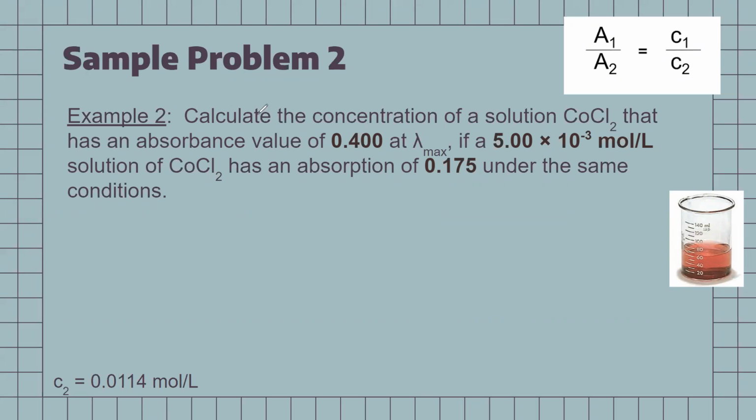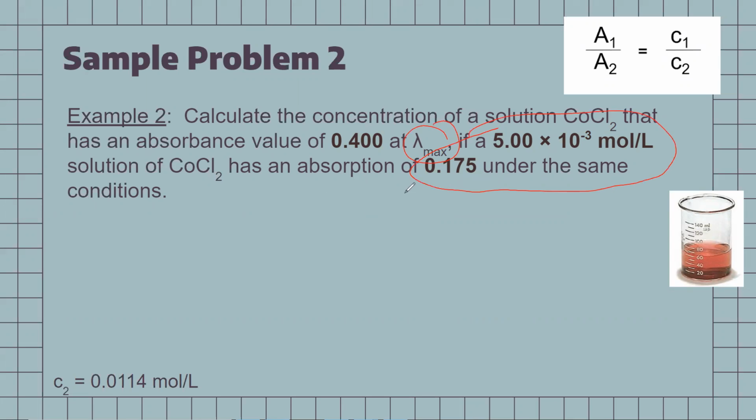So this problem says calculate the concentration of a solution of cobalt 2 chloride that has an absorbance value of 0.4 at our max absorbance if a 5.00 times 10 to the negative 3 moles per liter solution of cobalt 2 chloride has an absorption of 0.175 under the same conditions. So these two bits of information are linked.